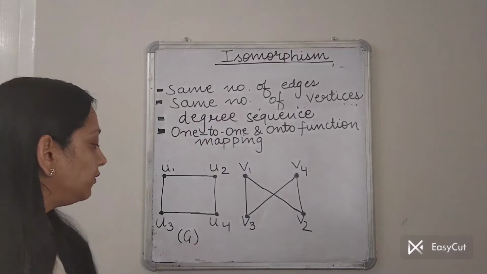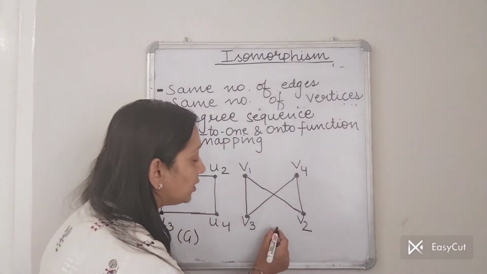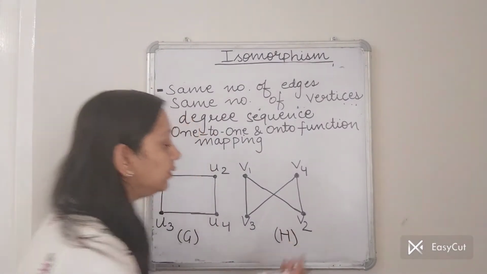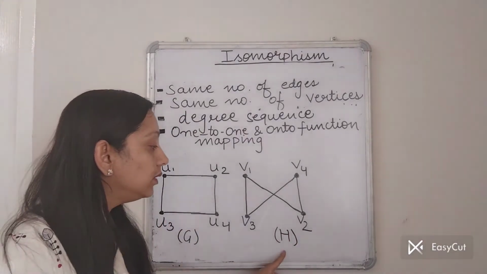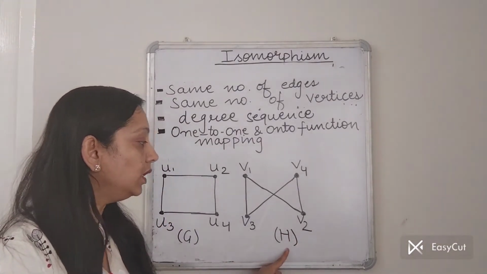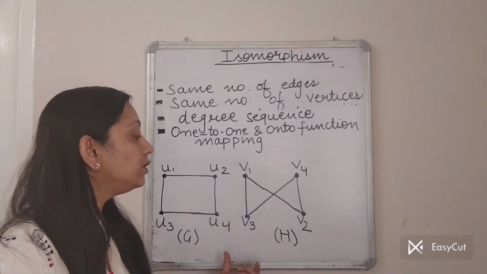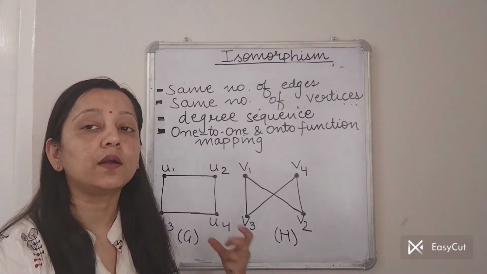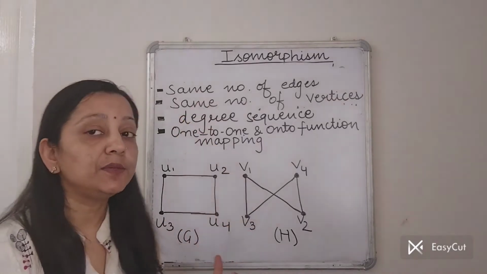Now if I am provided with two graphs, let us say the first graph I call G and the second graph I call H, right? Now if I want to find out whether these two graphs are isomorphic or not, what are the properties that I will be checking?